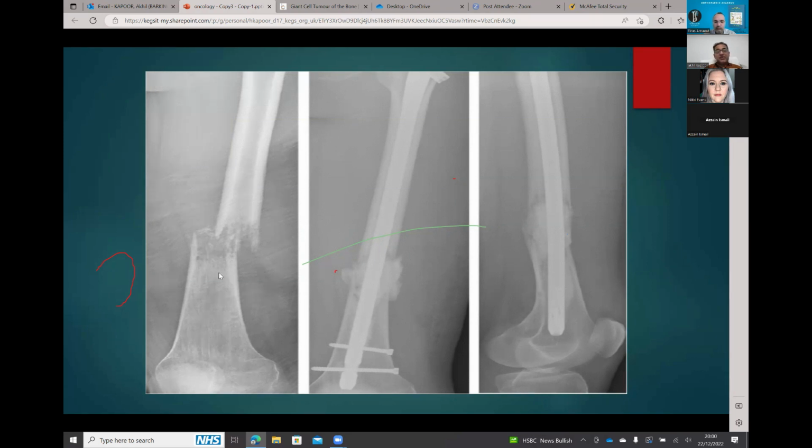So this is likely to be a very aggressive lesion, which has eroded the cortex and led to a pathological fracture, in contrast with the lesion we saw before. The X-rays on the right show how it has been managed with a cement spacer and graft in the middle and an intramedullary nail.